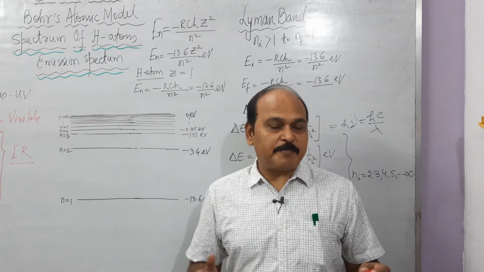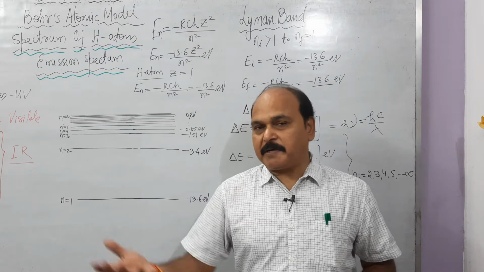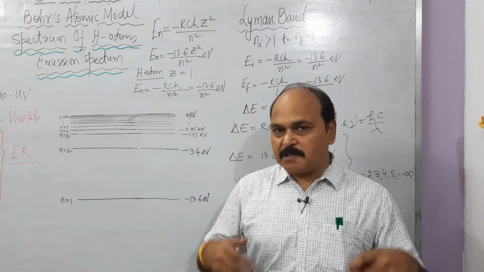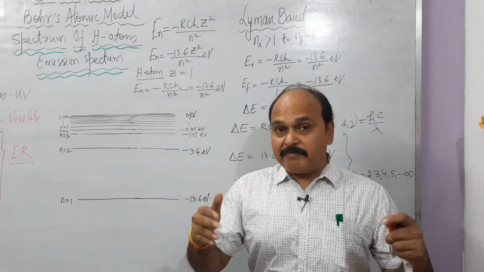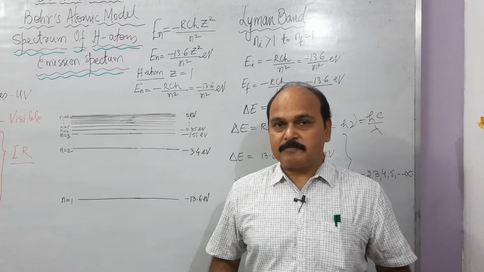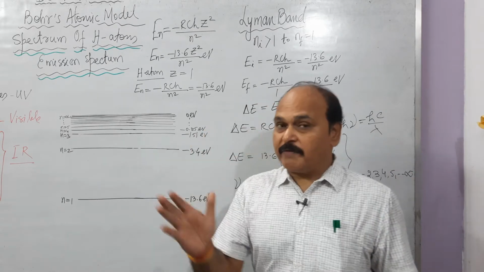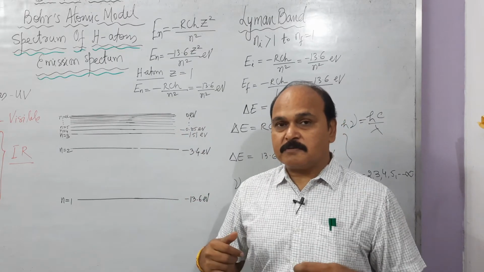Yeah, children, the spectrum of any element can be both an emission spectrum as well as an absorption spectrum. In emission spectrum, we graphically plot the wavelengths which are emitted by an atom, whereas in absorption spectrum, we plot those wavelengths which that particular atom absorbs.